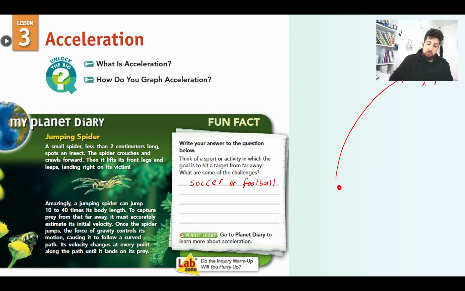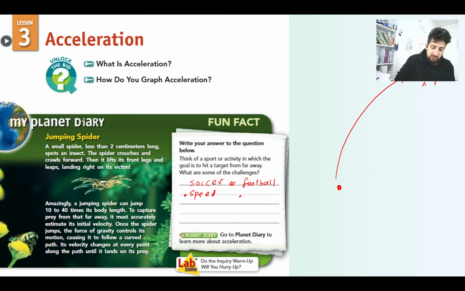You've got to make sure that you hit it hard enough and that you're accurate enough. There are a few things to bear in mind. The first one is the speed. You've got to make sure that it's going to stay on its path all the way to the goal, and it's not going to fall too early or go too hard and go over the goal.